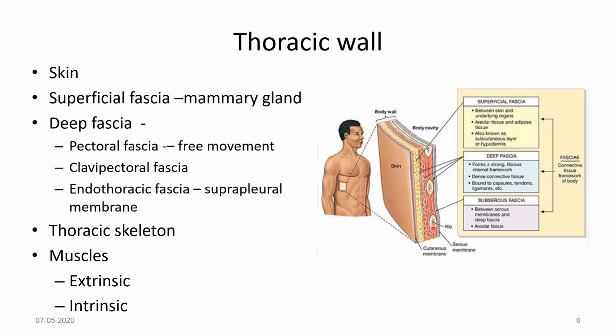Deeper will be the thoracic skeleton. In the lateral wall of the thorax, in the skeleton, you will be seeing the ribs, and the muscles of the thoracic wall, which are divided into extrinsic and intrinsic muscles.